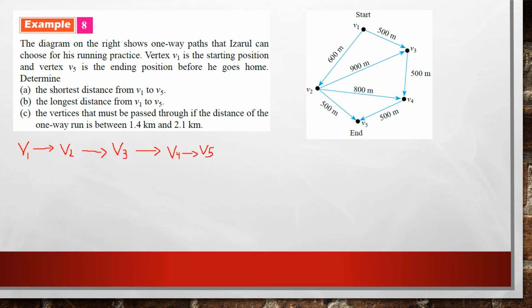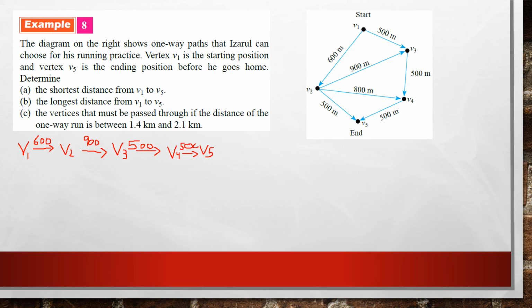So from V1 to V2, the distance is 600. You add V2 to V3, which is 900. Then V3 to V4 is 500. Then V4 to V5 is also 500. So we add up all of this.